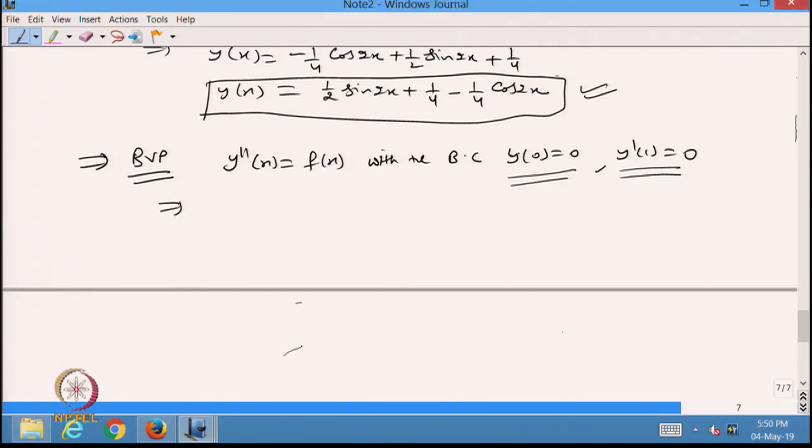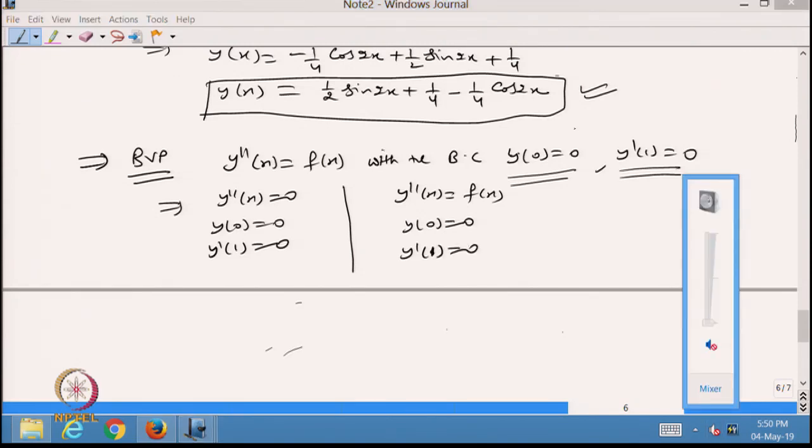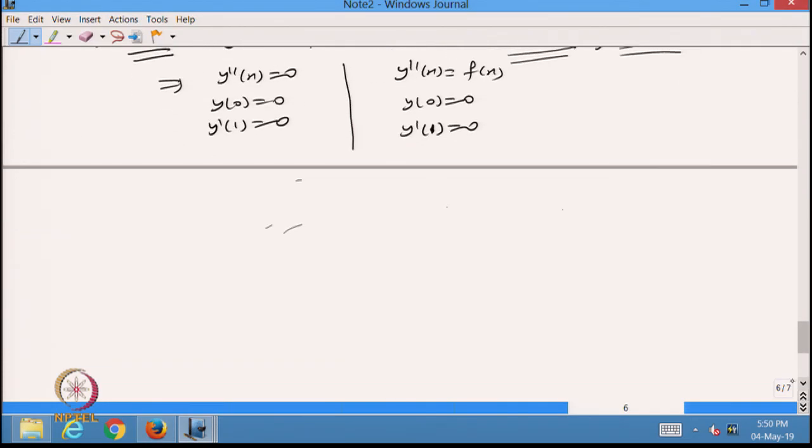So, the same way we will split this into two parts. First one I will solve like this one, y double dash x equal to 0 with the boundary conditions we have, and then I will solve the whole equation y double dash x is equal to f(x) with the homogeneous boundary conditions. But in this case the boundary conditions are already homogeneous. So, I am putting the same boundary conditions for both the equations.